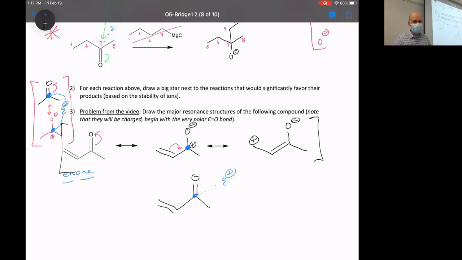Besides right here. Yeah, so this carbon is the one on the far left. So you also have an electrophile right there, which is different, but they both exist simultaneously.